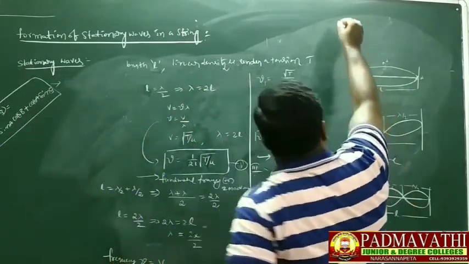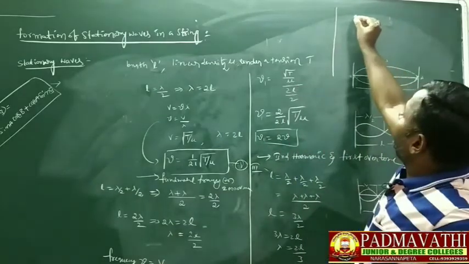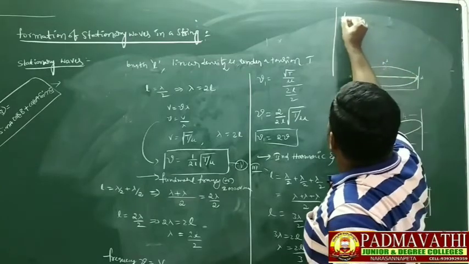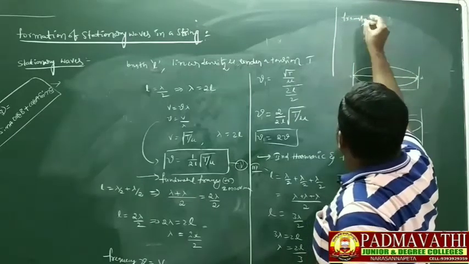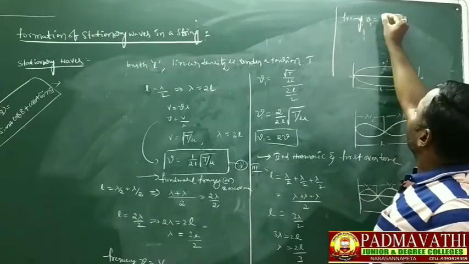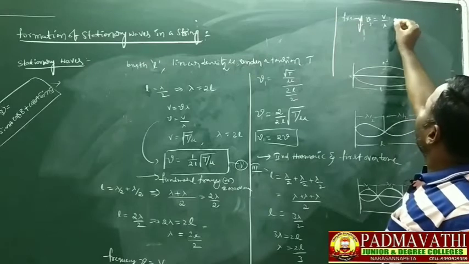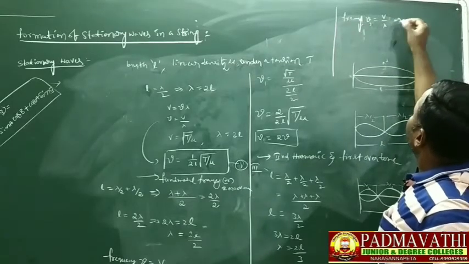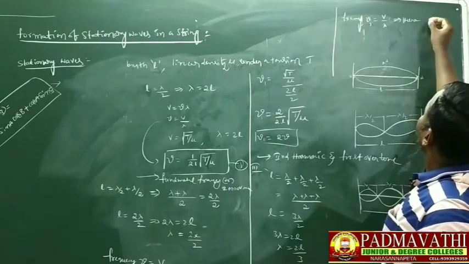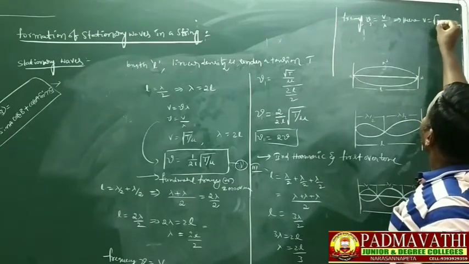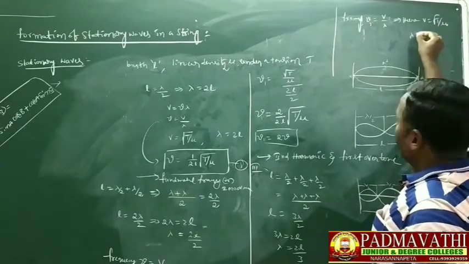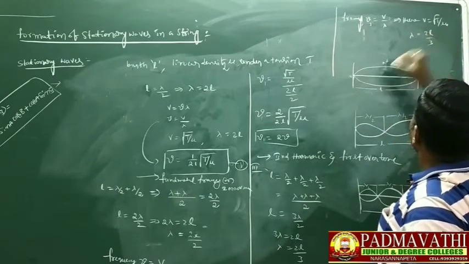So again we will repeat the frequency. Nu 2 is equal to V by lambda. Here again V is equal to root T by mu, and lambda is equal to 2L by 3.